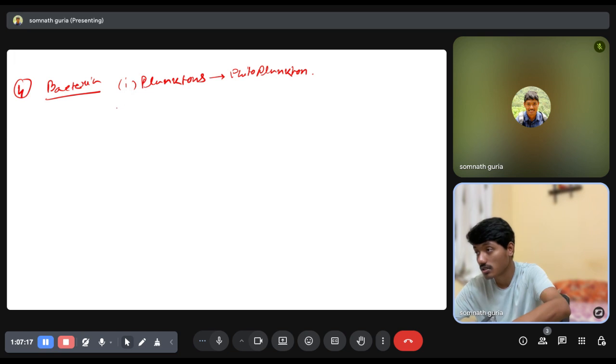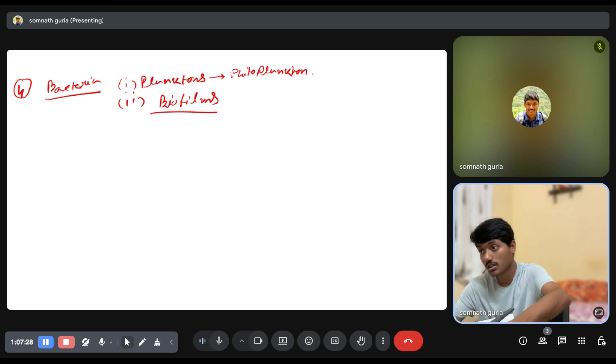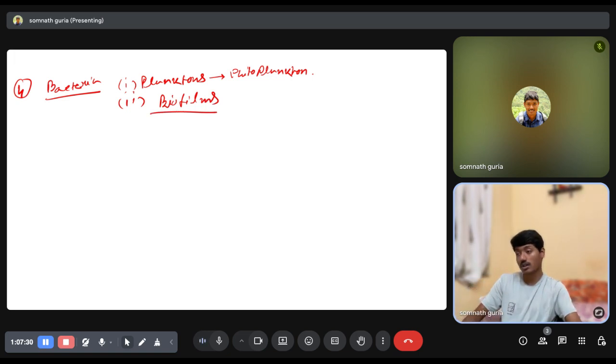Second is biofilms. These biofilms are nothing but a colonization of bacteria in a certain particular region.